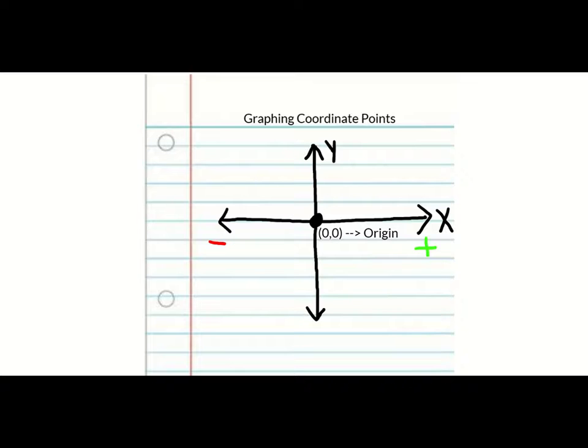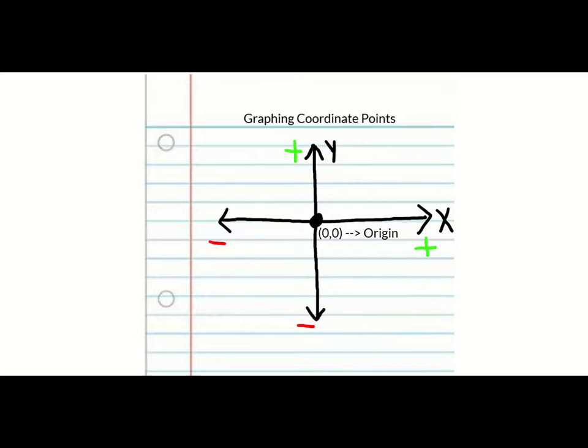Similarly, on the y-axis you have positive and negative values as well. The positive values are the numbers above the origin, and the negative values are those numbers below the origin. So right and up are positive numbers, left and down are negative numbers.